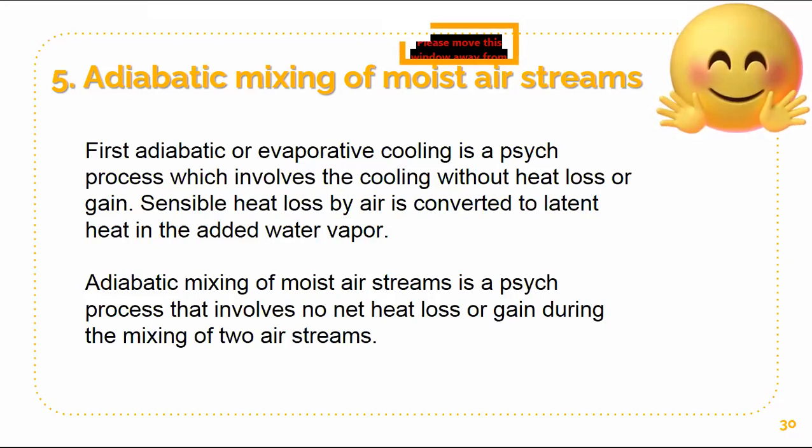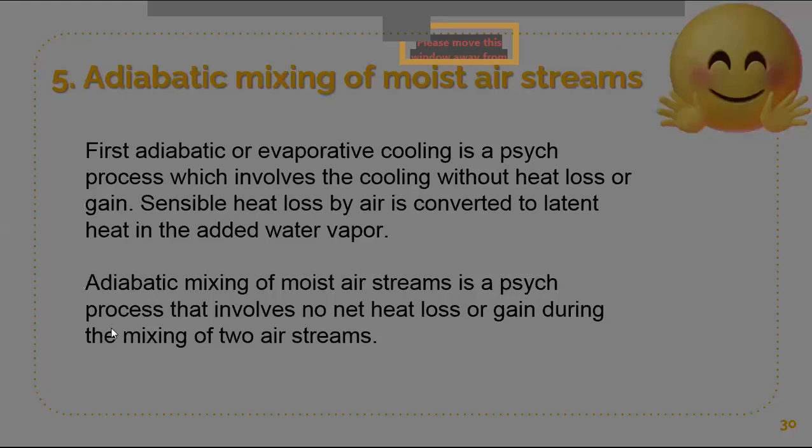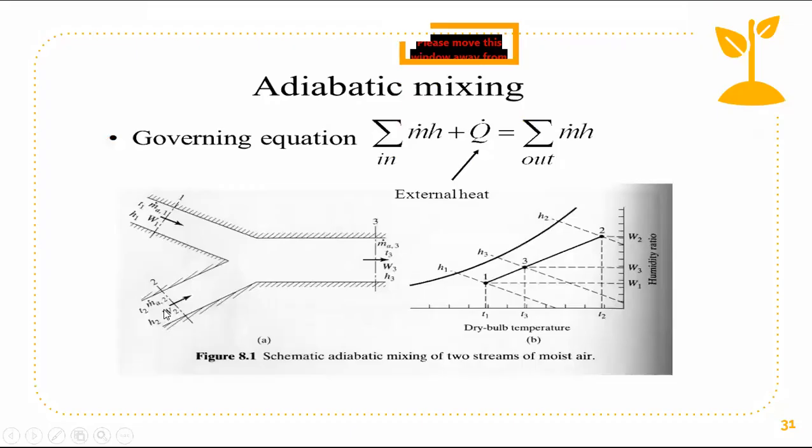Now, adiabatic mixing of moist air streams is a psychrometric process that involves no net heat loss or gain during the mixing of the two air streams. And this adiabatic mixing could be represented by this particular process. You have two streams that you're going to mix.